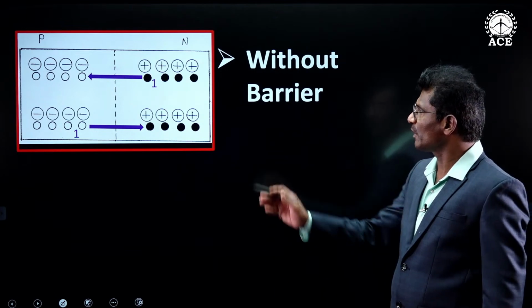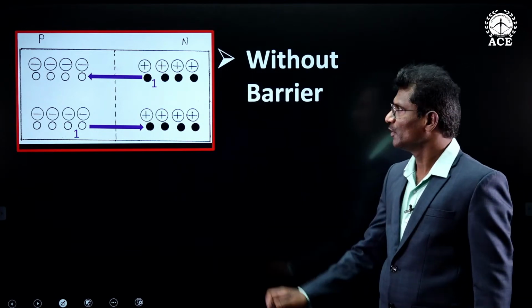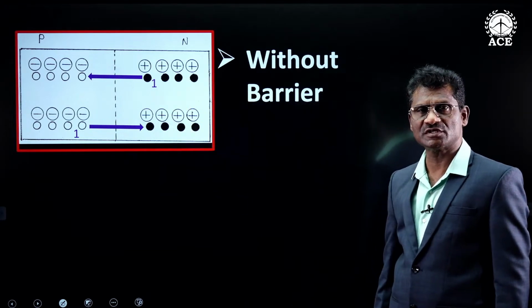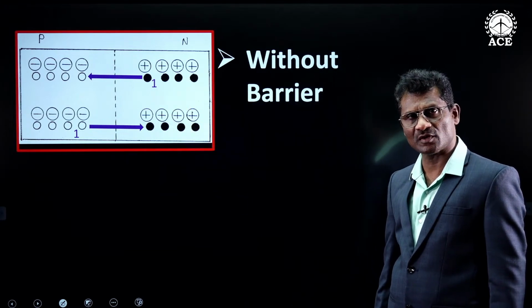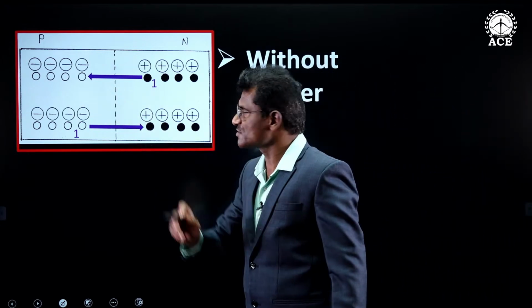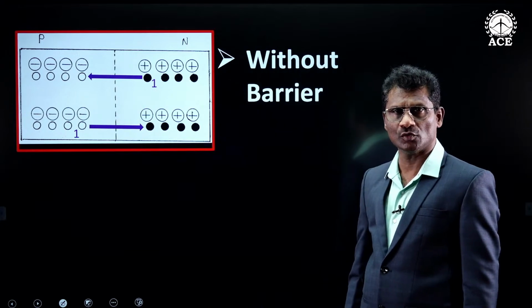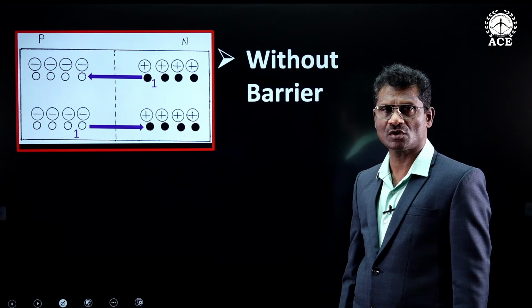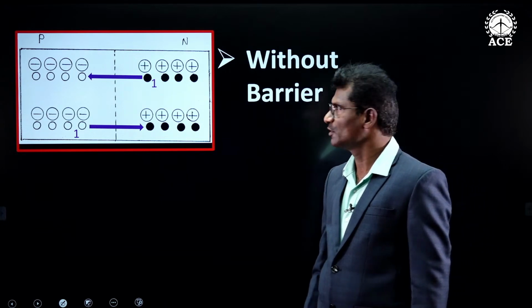Now, if you look at this diagram, in N side, we have more number of electrons, majority carriers, and less number of holes, called minority carriers. In P side, we have more number of holes, called majority carriers, less number of electrons, called minority carriers.